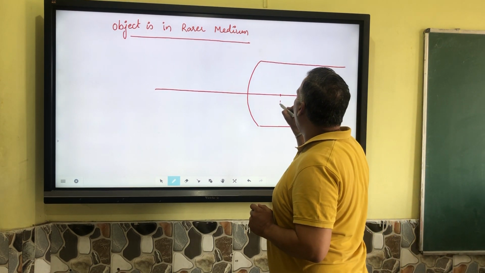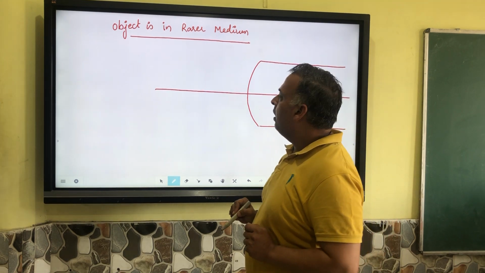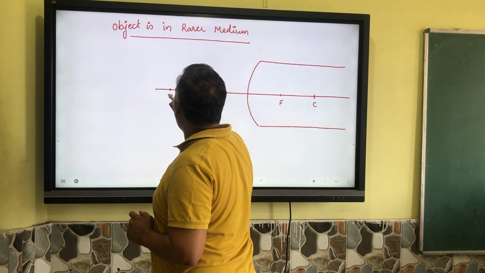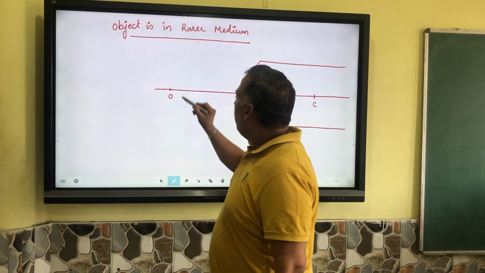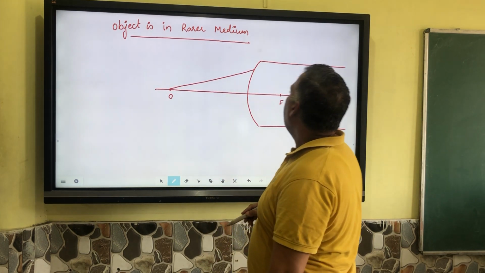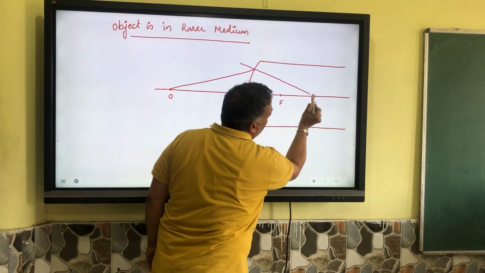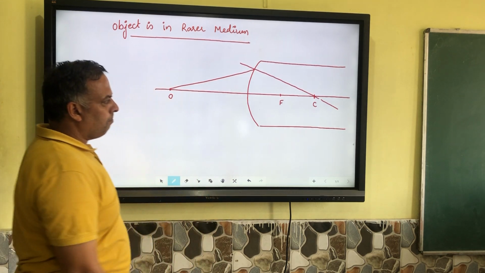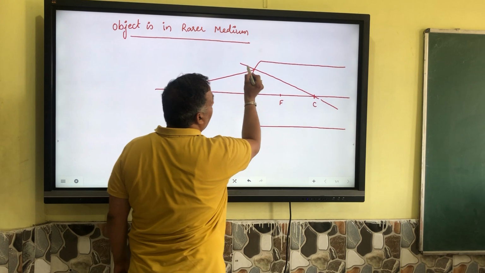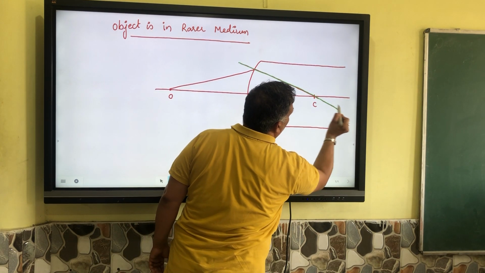This is the focus and this is the center of curvature. The object is in the rarer medium, this is the object, and it's striking this surface. Any line we draw from the center will become the normal. This will be a normal.